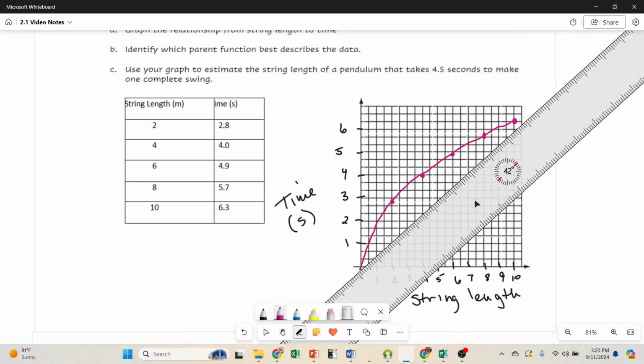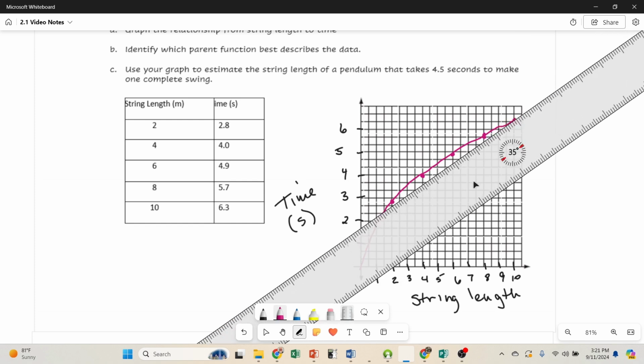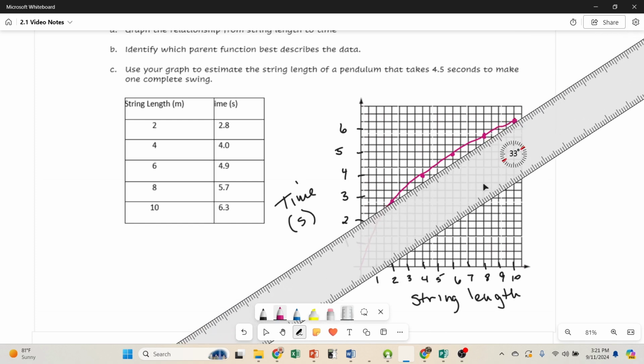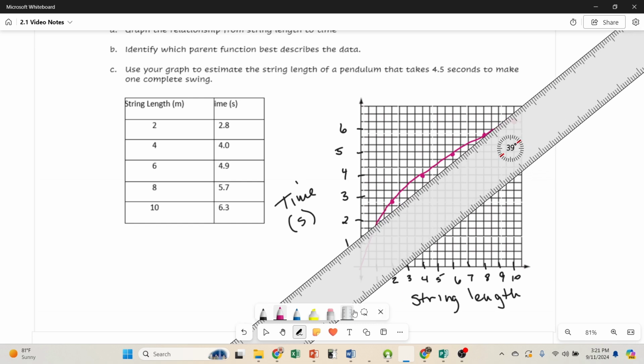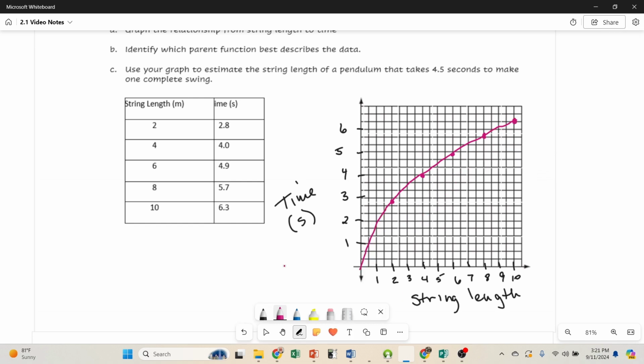It might become very difficult to even see right here, but there is a bit of a curve from here to here. So it's not a straight line, so sometimes using a straight edge will help discern what we have. So the square root function, a form of the square root function would be what's best.